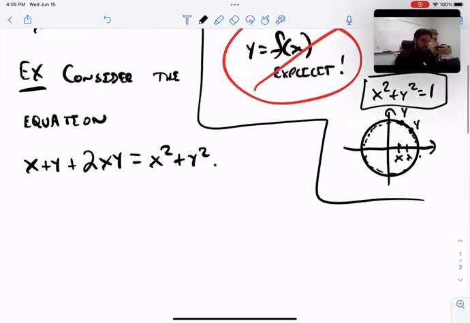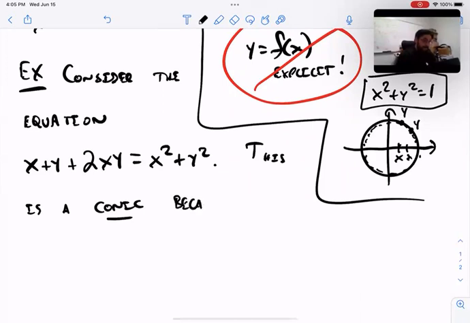Now, this is a claim that we know right away, this is a conic, right? Because it's a degree 2 polynomial equation in two variables. It's degree 2, and this is a fact from algebra, that every degree 2 equation corresponds to an ellipse, hyperbola, parabola, circle, or pair of lines, the degenerate case, or a point, which is a really degenerate case.